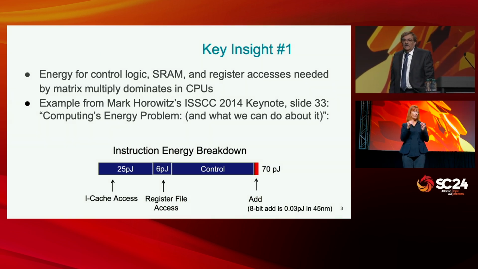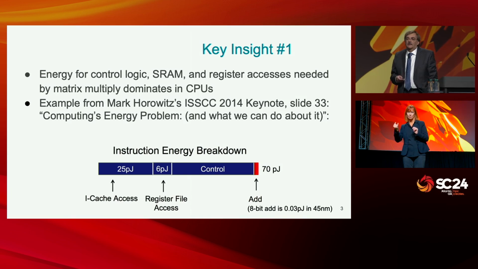So that means that we're getting less than 1% efficiency if we're executing this 8-bit add on a CPU. Now, you can have things like AVX and try to group 8-bit adds together and do them in parallel, but the basic idea is it's still going to be swamped by all the other stuff going on in a CPU. And this was well known when we started the project.